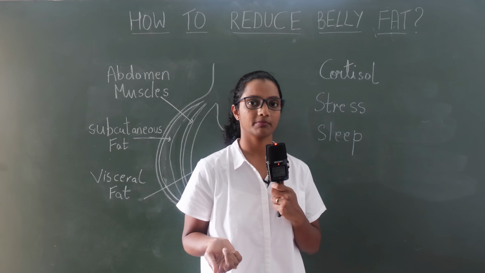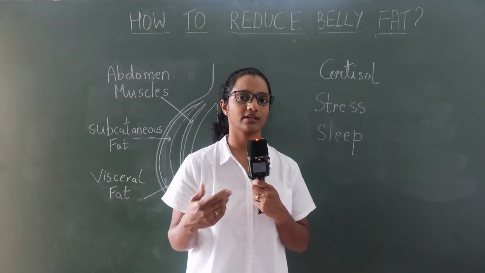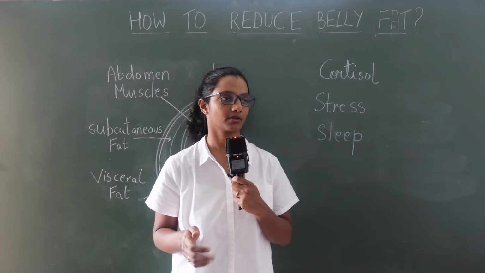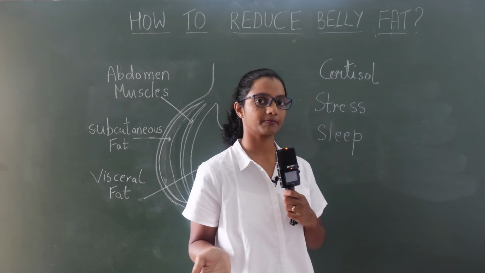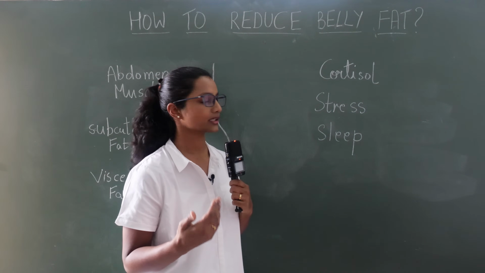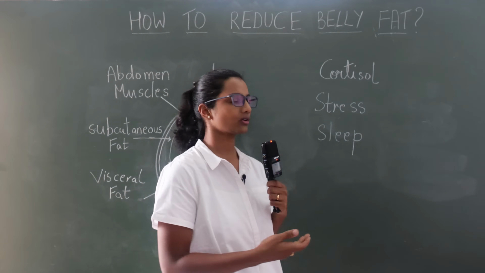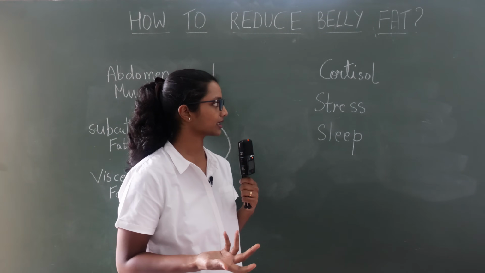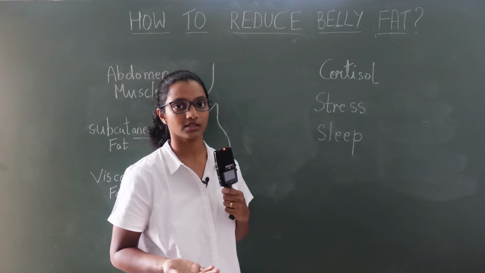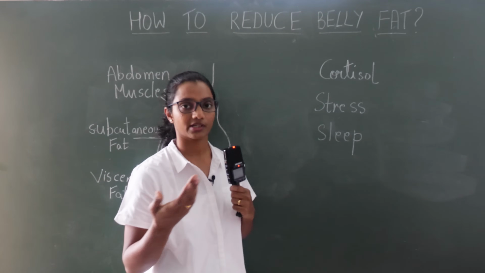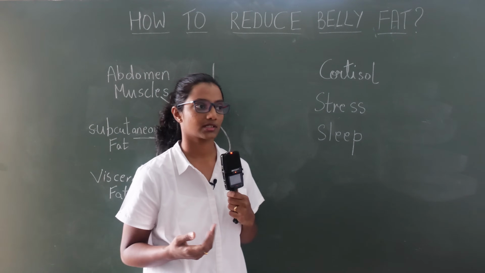Insufficient sleep, irregular timings of sleep, no good quality of sleep, having disturbed sleep could increase the level of cortisol. Also stress, so all these things are correlated. Increase of stress would increase cortisol activity, and it could also trigger sleep problems, so it's all a cyclic process.